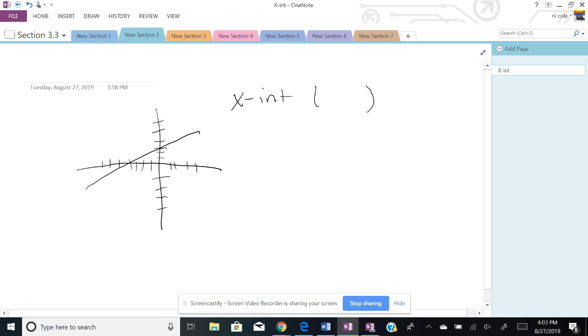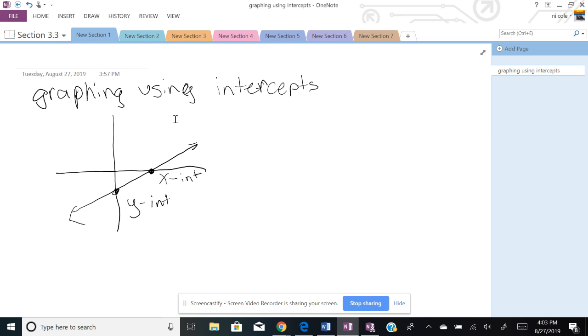With an x-intercept, you're always going to have some x value, comma, 0. That's how you know it's an x-intercept. Same goes with the y, except that it's going to be 0, comma, a y value. Those points are always like this.